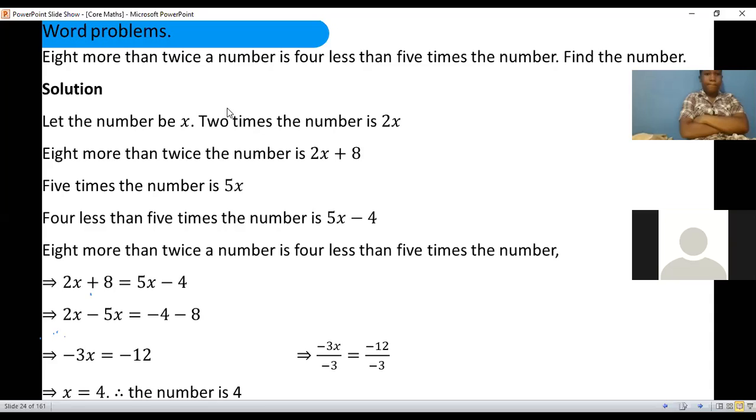So the first thing we have to get is twice the number. And twice the number is 2x. That is 2 times the number. So 2 times the number is 2x.